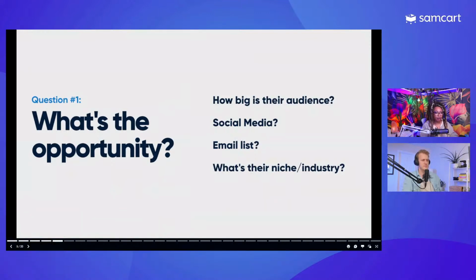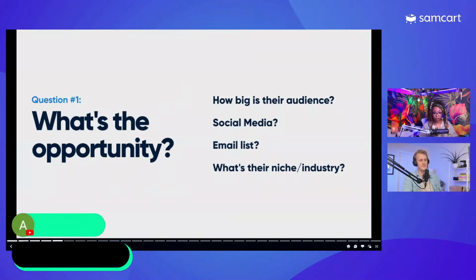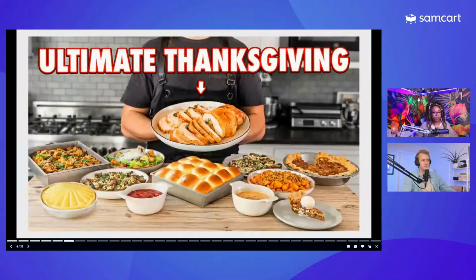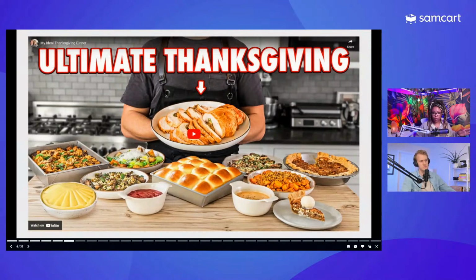We look at a collective whole of all of their channels and how many people are involved in those channels, and we add them all together offline because we don't do math online. Depending on your audience size, at minimum you should be making $1 per subscriber or follower. So if you have 1,000 followers on Instagram, that's about $1,000 per year.